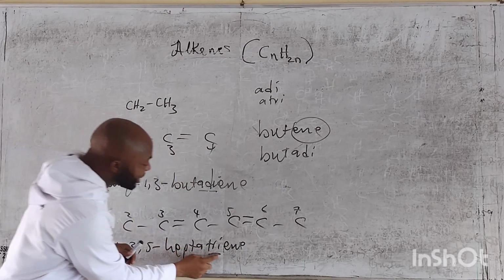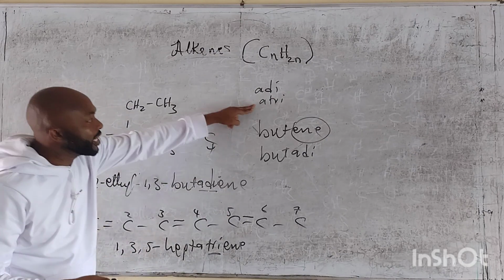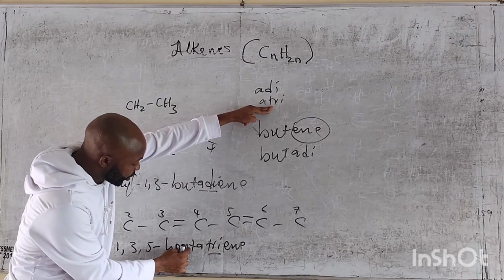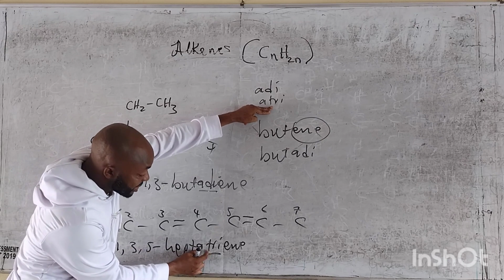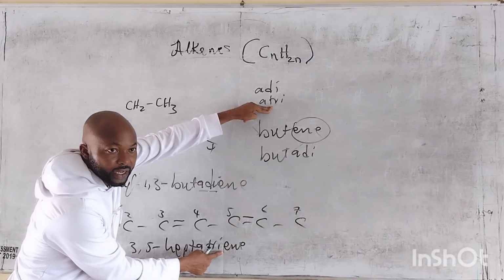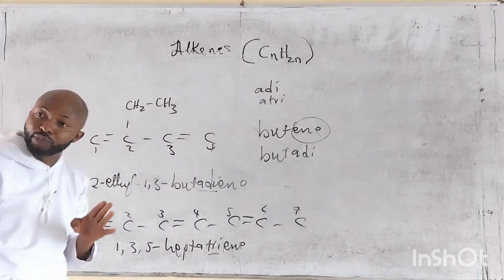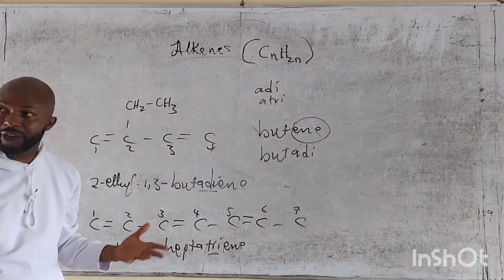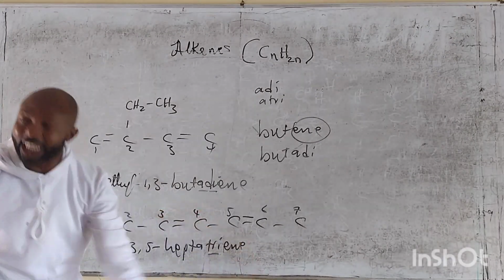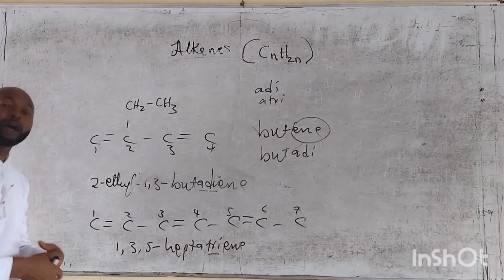So the tri now comes in because there are 3. Bring tri to replace this place, which would have been heptene, ene. You remove it and put atri. So it becomes hepta for 7, buta for 4, penta for 5, then you bring the ene inside: heptatriene, octatriene, whatever it is.